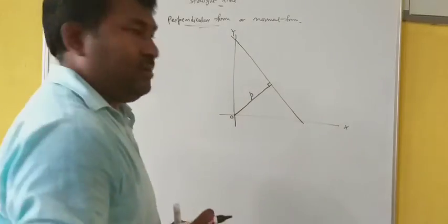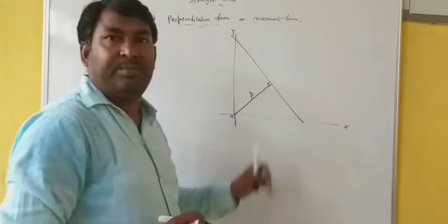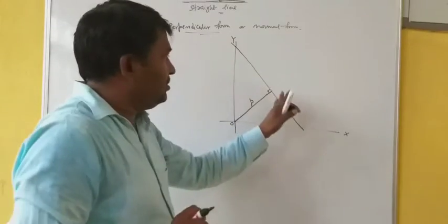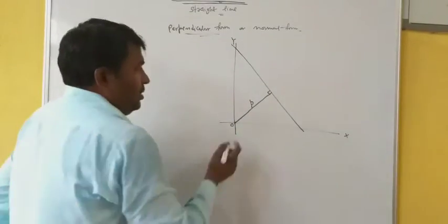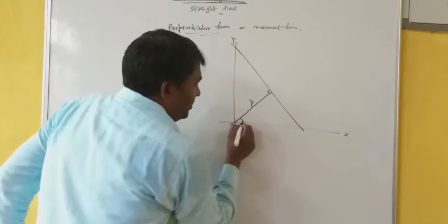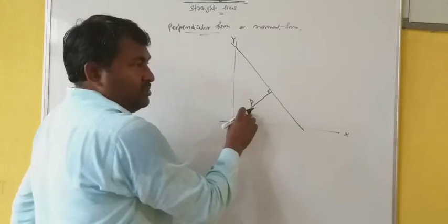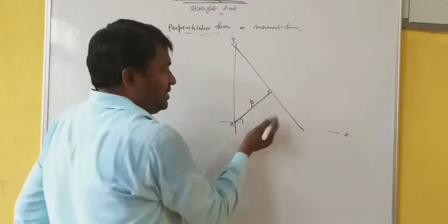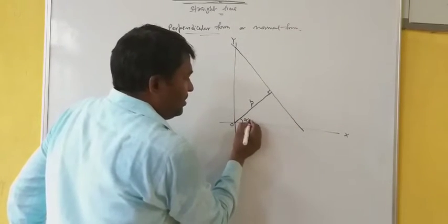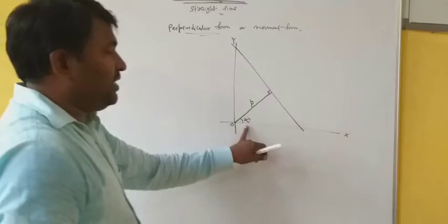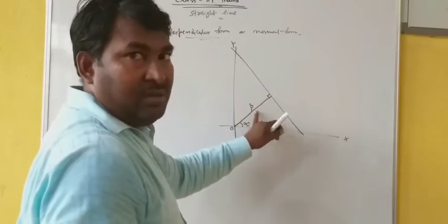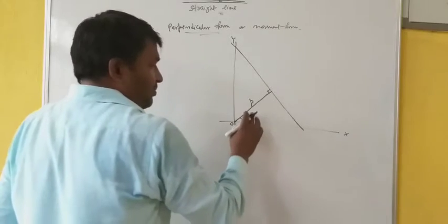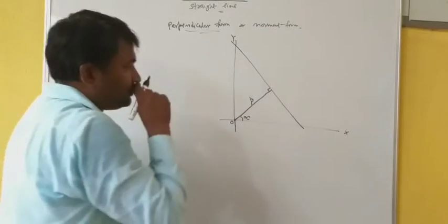Small p is the length of the perpendicular drawn from the origin on the line, and this normal makes an angle with the plus x-axis, let this be alpha. So alpha is the angle made by this normal with the plus x-axis. Okay, so these are the symbols that you need to know.